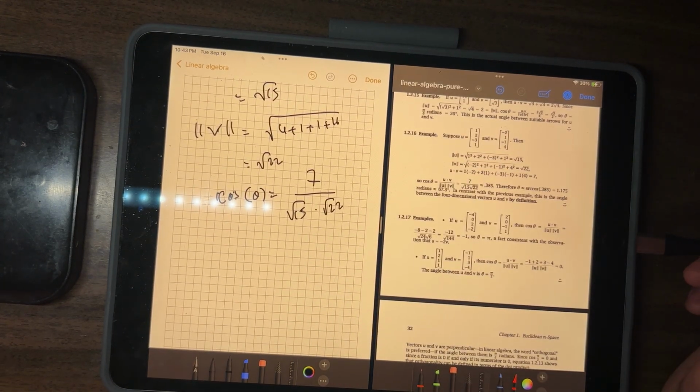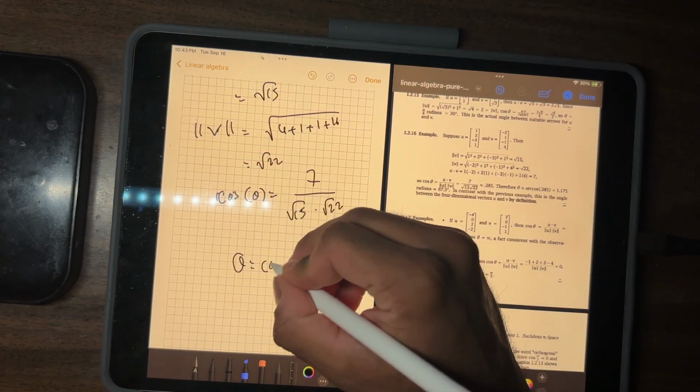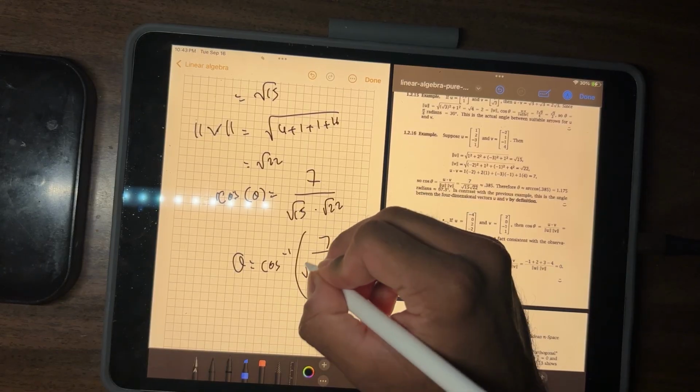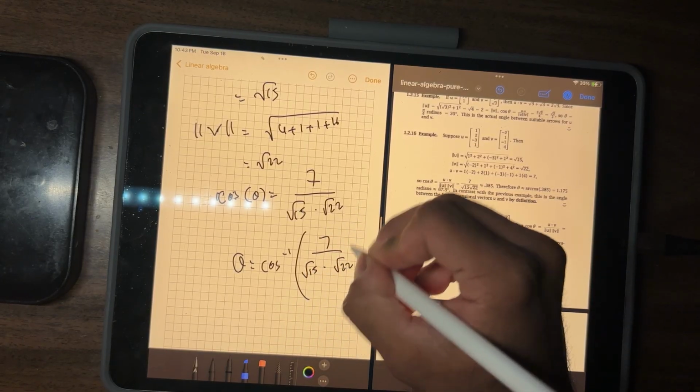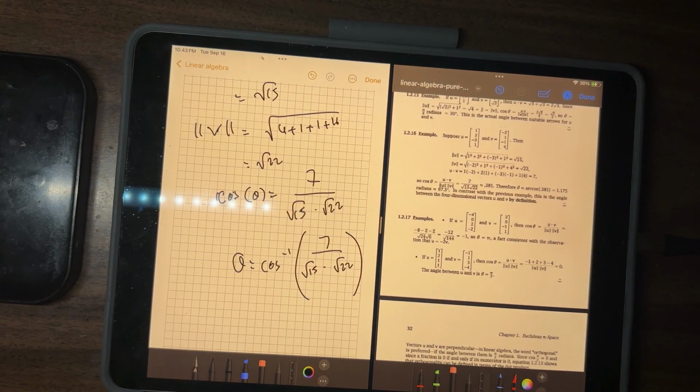Now root 15 is what? Actually, how do you calculate root 15 by root 22? So theta would be cosine inverse of 7 by root 15 root 22. Actually, no, really, how do you calculate it?